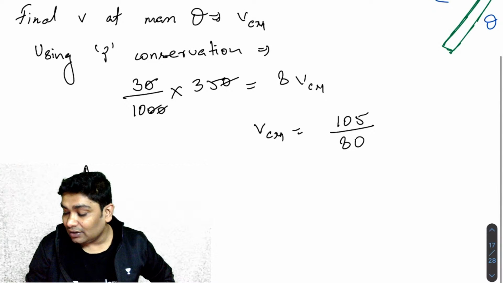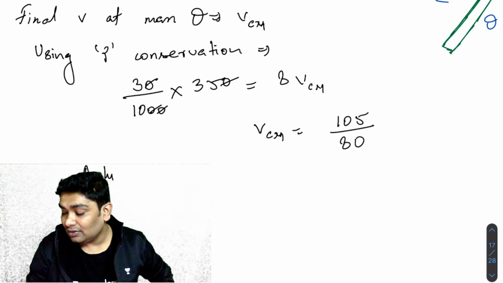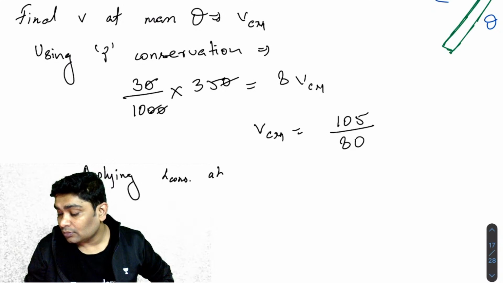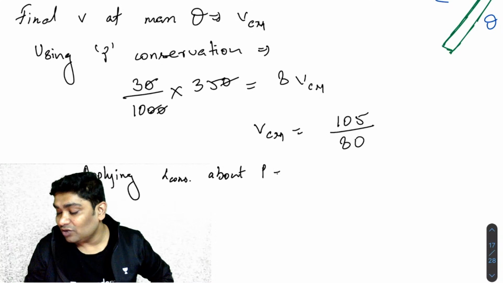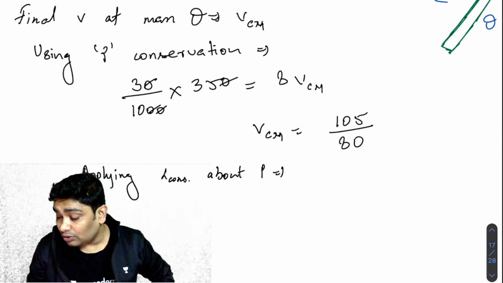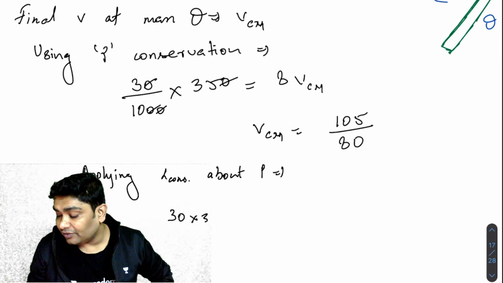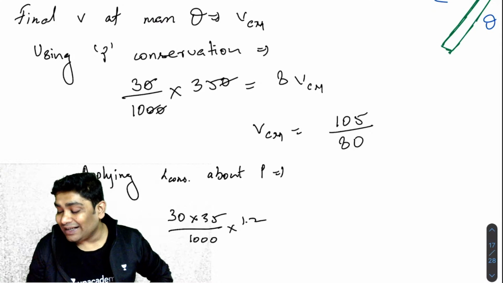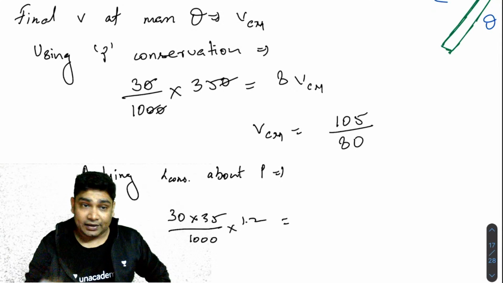So let's consider a point P and apply angular momentum conservation about P. Let's see what I get. Initial angular momentum would be 30 into 350 by 1000 into 1.2. That is the angular momentum of the bullet.